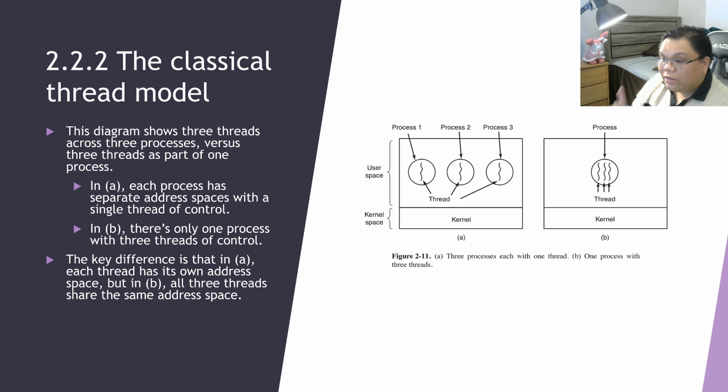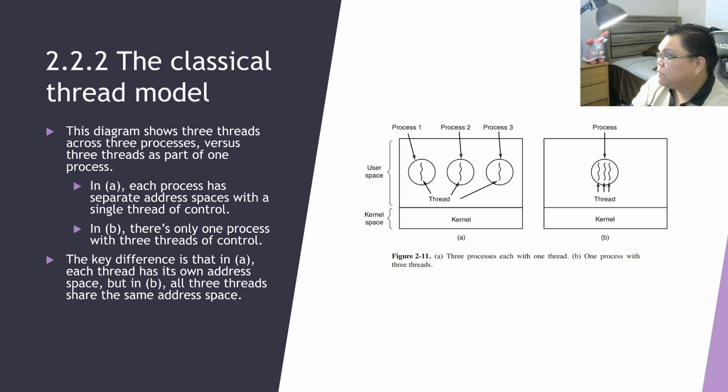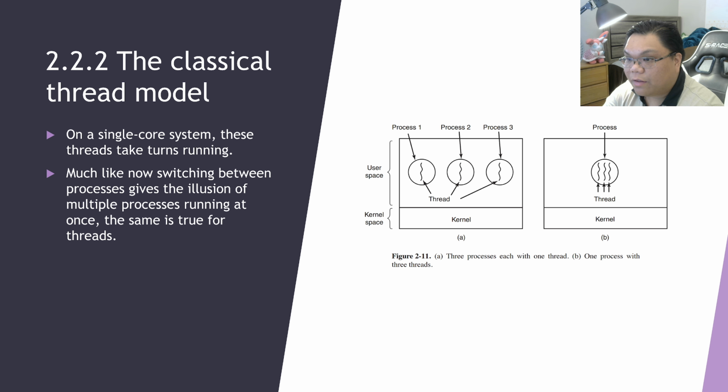In B, there's only 1 process, but there are 3 threads of control. The key difference is this. In A, each thread has its own address space, but in B, all 3 threads are sharing the same address space, so therefore there's only 1 address space loaded in. There's only 1 thing loaded in memory, not 3 separate things.